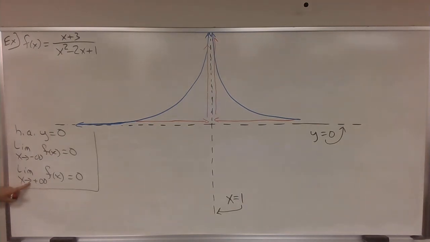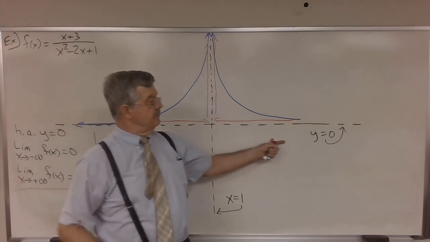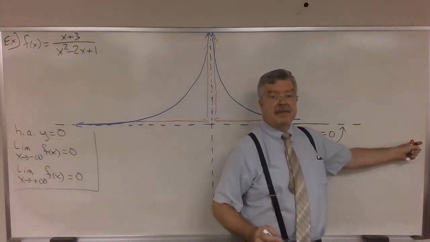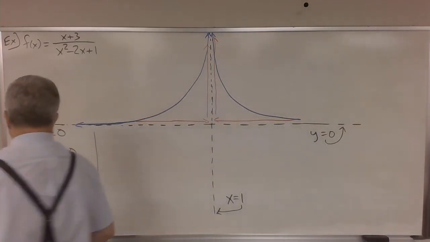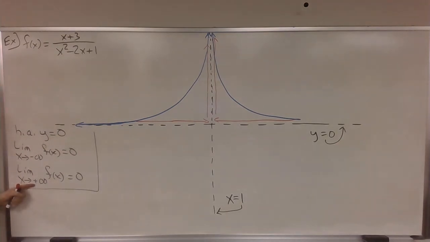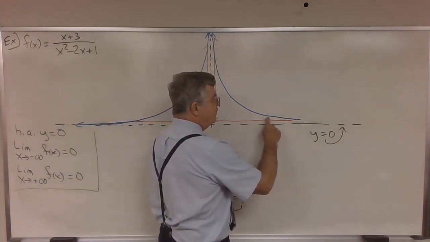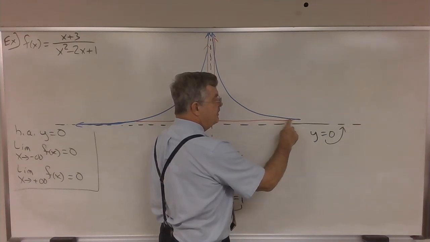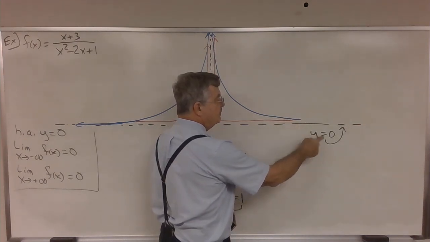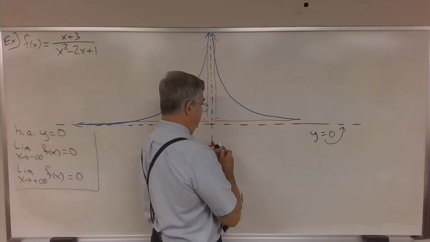And as x approaches positive infinity, here's x approaching positive infinity. As x approaches positive infinity, f of x, the y value, again gets closer and closer to 0. The y coordinates of the points on this graph get closer and closer to y equals 0.